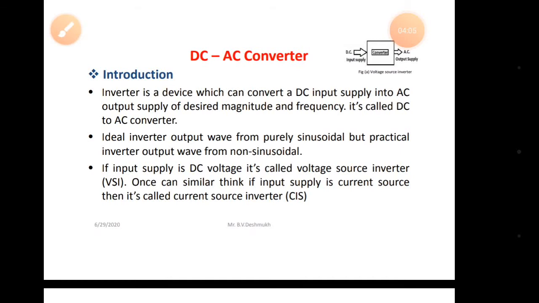It means the inverter is divided into two parts: one is VSI and the second is CSI. If the DC input supply is in voltage form, we say voltage source inverter. If the DC input supply is a current source, then we say it is a current source inverter.